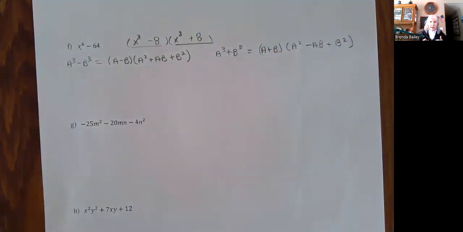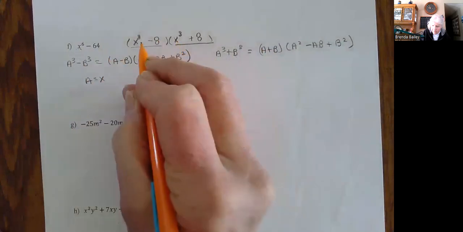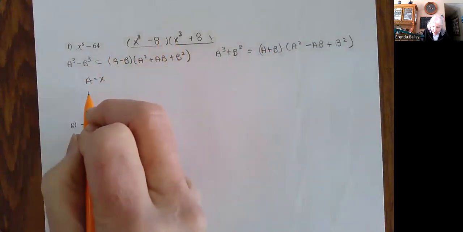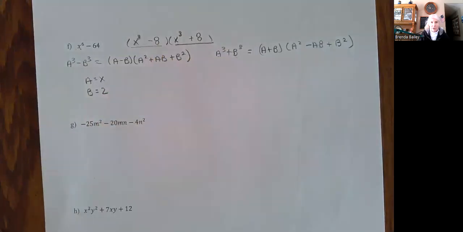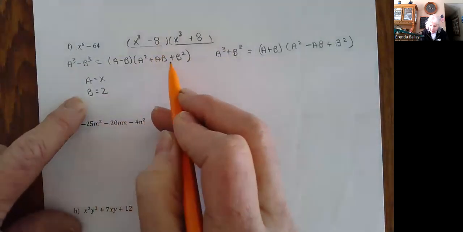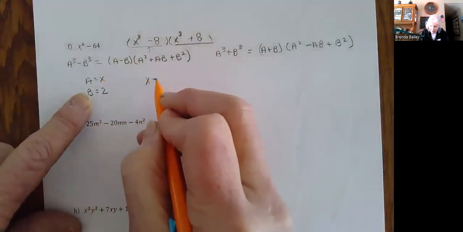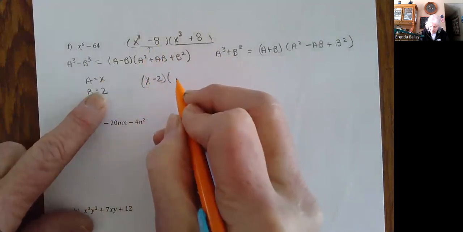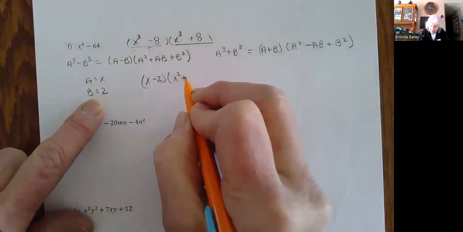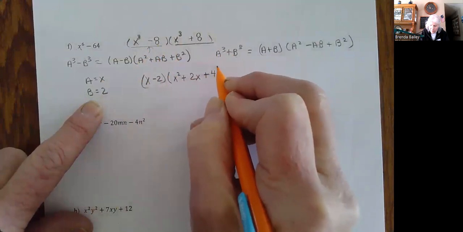So we're going to fill those in. What's the a and what's the b? Well, the a in both cases is an x. That's what you're cubing. And the b in both cases is a 2, because 2 times 2 times 2 is 8. So I fill these in to factor this one. I take x minus 2. And then I square the x, plus 2 times x, plus 4. I square the b.